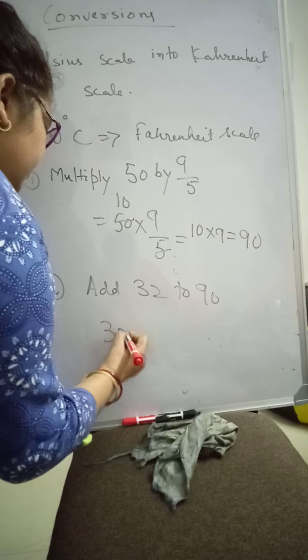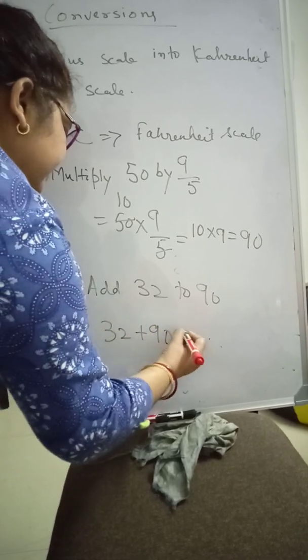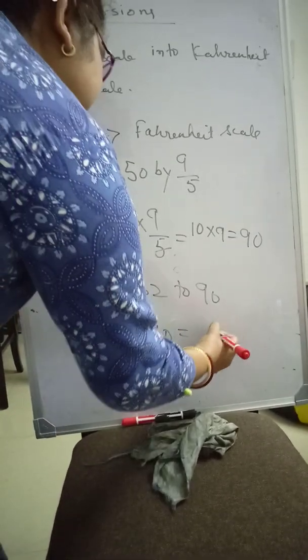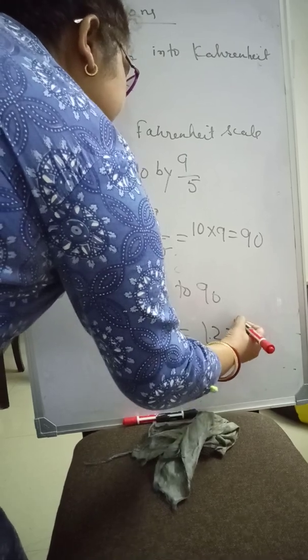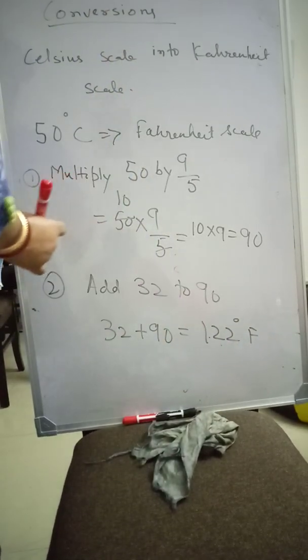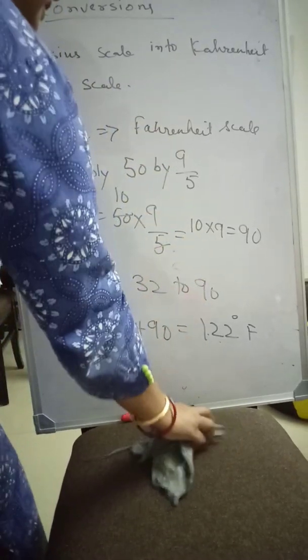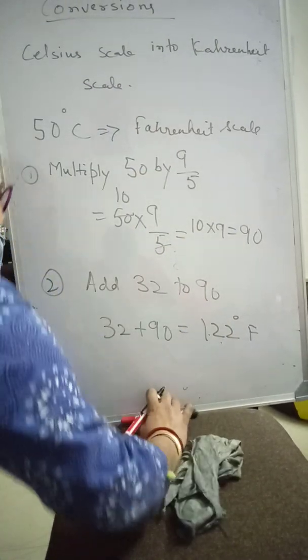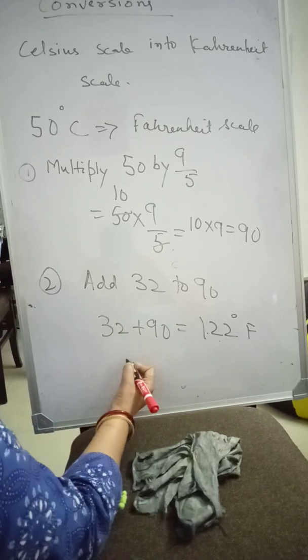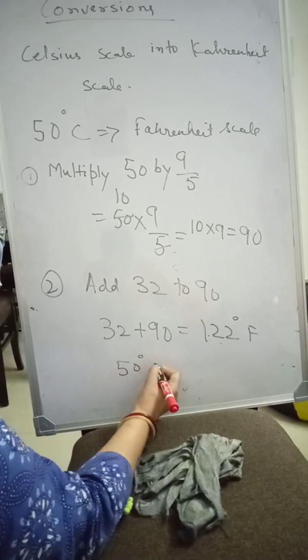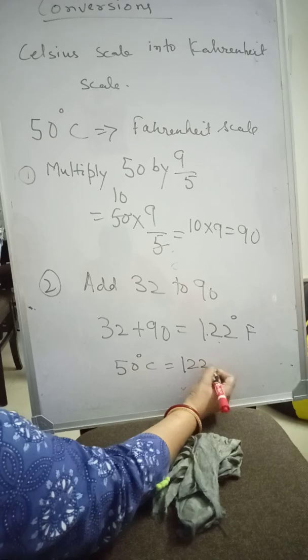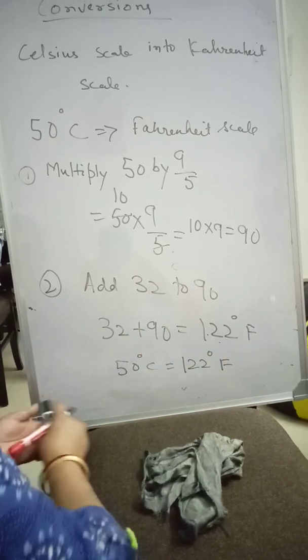So 32 added to 90 equals 122 degree Fahrenheit. So 50 degree centigrade is equal to 122 degree Fahrenheit, right?